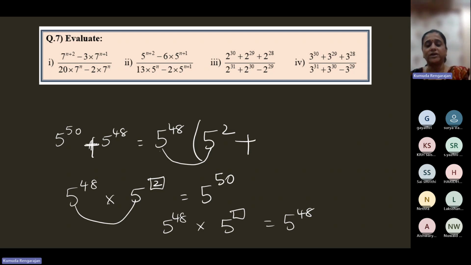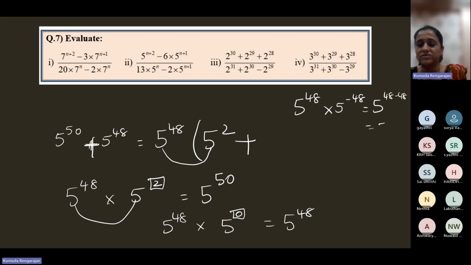Ma'am, minus 48? No, that will become 5 to the power 48 into 5 to the power minus 48, which will be 5 to the power 48 minus 48. It will be 5 to the power 0. So 5 to the power 48 into 5 to the power 0 is 5 to the power 48, because anything to the power 0 is 1. So 5 to the power 48 into 1 is 5 to the power 48.